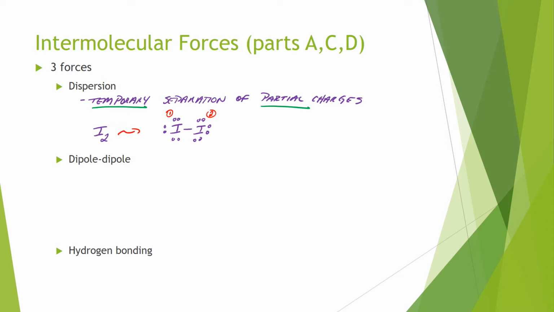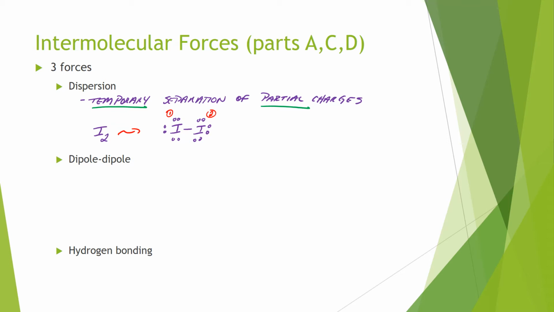So which iodine is winning that tug of war? Is one of these iodines stronger at pulling electrons than the other? The answer is no. They're of equal strength. They've both been going to the gym for the same amount of time. One of them can't lift more than the other, so there's an equal pull. That means they're sharing electrons. We have a covalent bond, let's call it a non-polar covalent bond, if you remember that terminology.